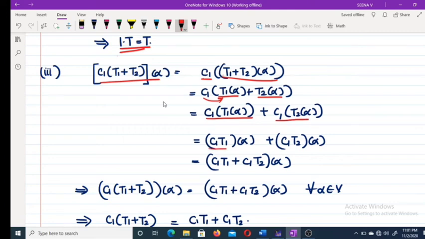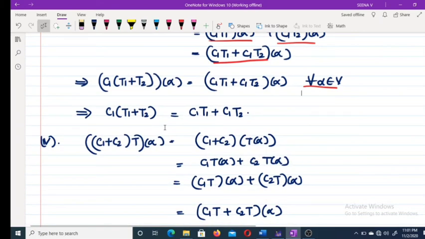That's equal to (c1 T1 + c1 T2)(alpha). This is true for every alpha belongs to V. From this we get c1(T1 + T2) is equal to c1 T1 + c1 T2.